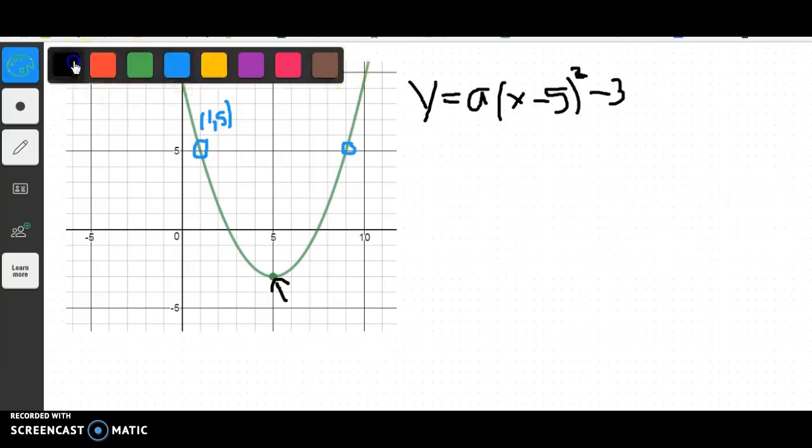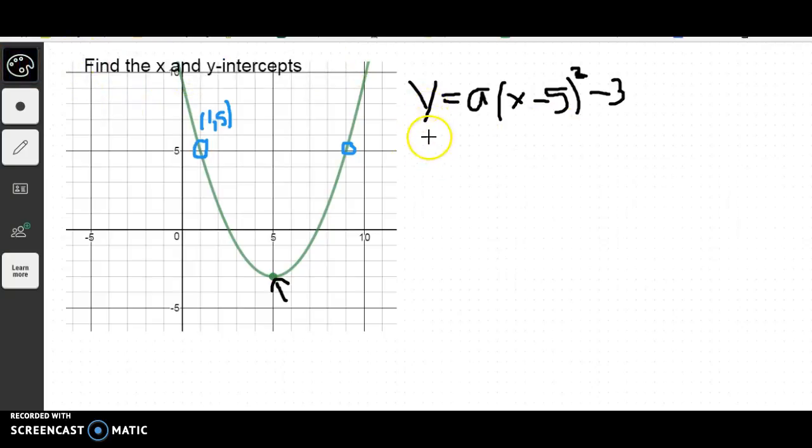Alright, so y is now going to be 5 equaling a times, for x I'm going to put 1 minus 5 squared minus 3. Okay, what I'm going to do is take this 3 and add it to the other side.